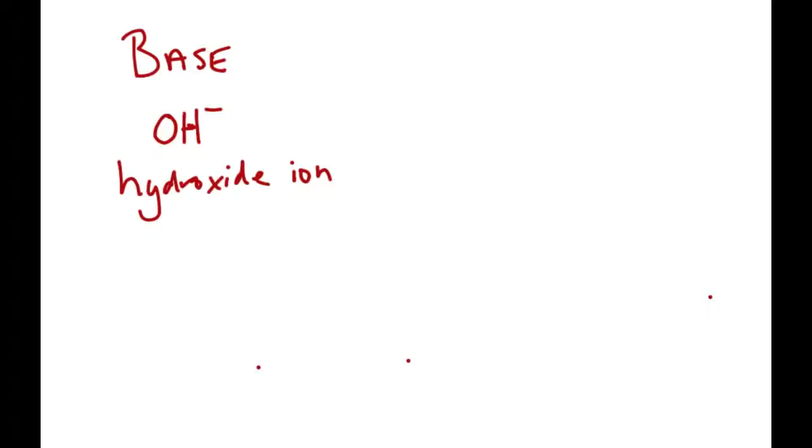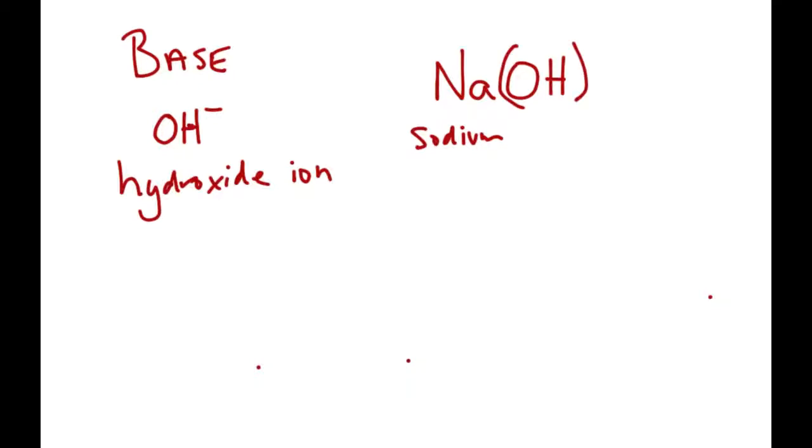A lot of our cleaning agents are made out of bases because they have this power to remove dirt and grime and so on. A common base that you've been using this year, even though in a very weak form like the acids, is sodium hydroxide. So there's the sodium atom, and there's the hydroxide part of the formula with the OH present, sodium hydroxide.